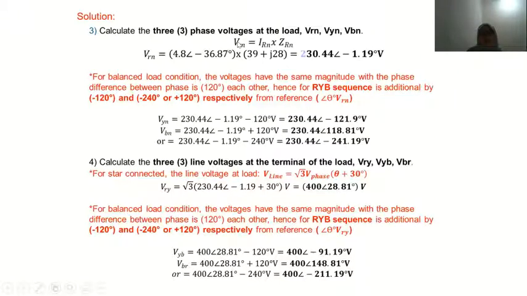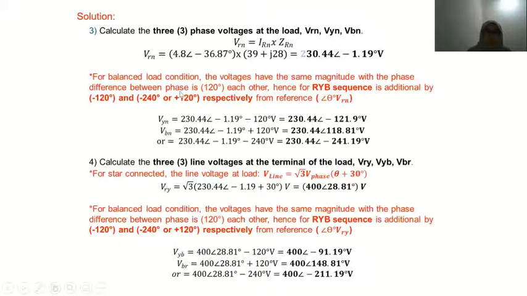We know that V is equal to I times Z. So your VRN is equivalent to IRN times ZRN. For VRN, it is 4.8 with minus 36.87 degree angle, times your ZRN, 39 plus j28. So the answer is 230.44 with minus 1.19 degree.